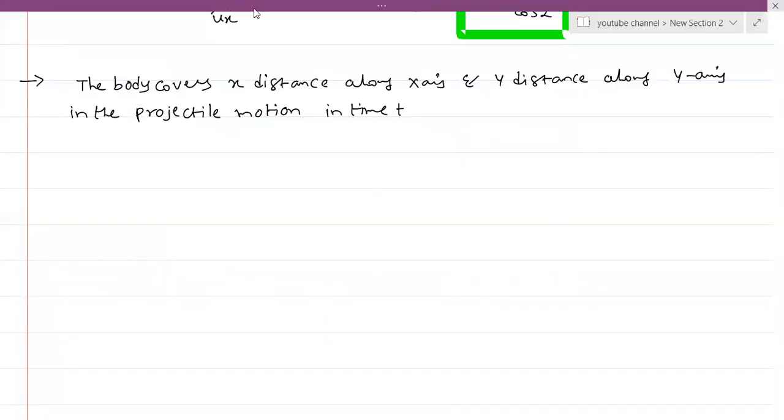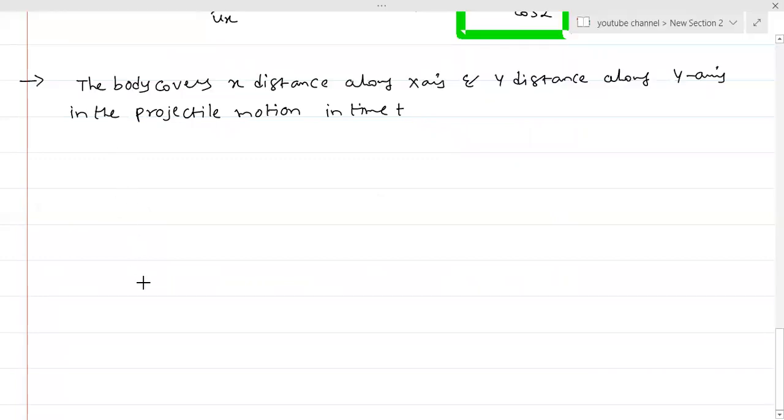So we have a beautiful relation between x and y, which we are going to see.